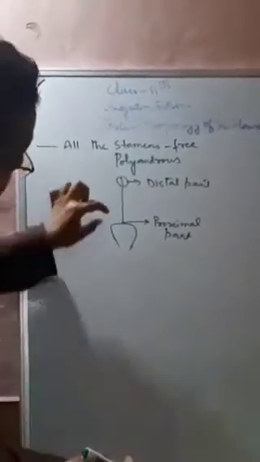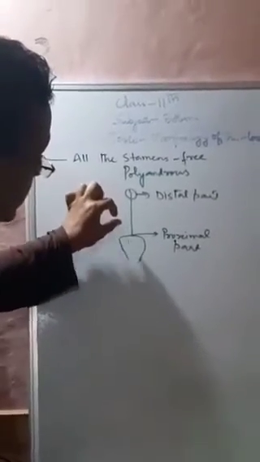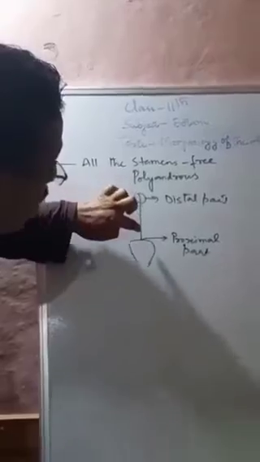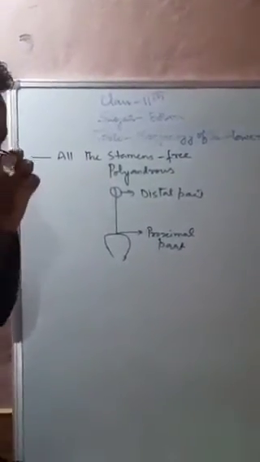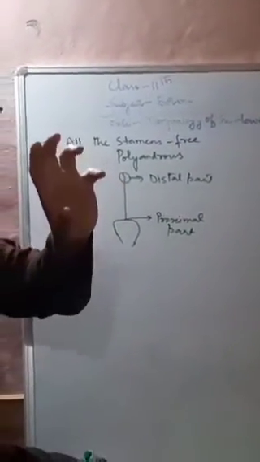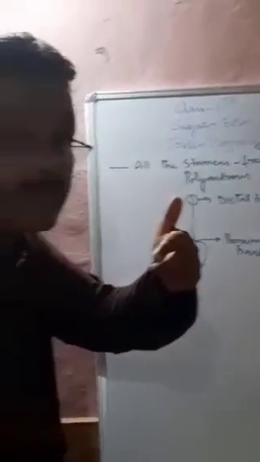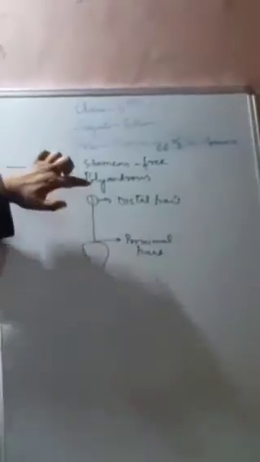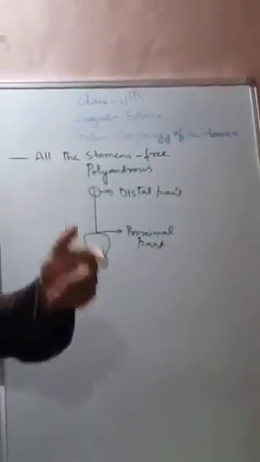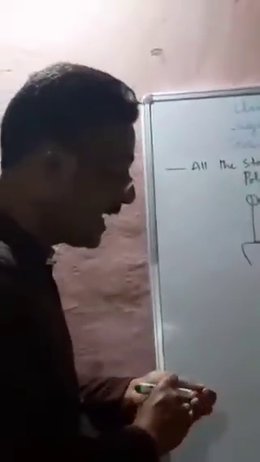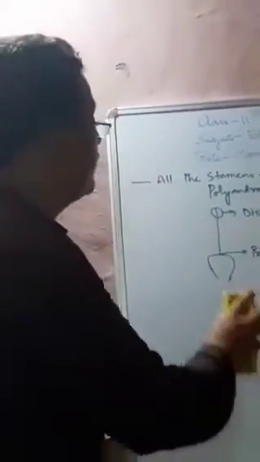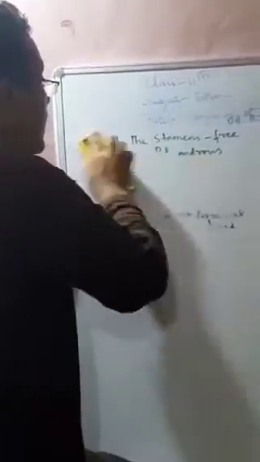Now we will find some conditions where this proximal part or the base of this filament remains fused with the other whorls of the flower, it remains attached with the other whorls of the flower, and we will find different conditions.